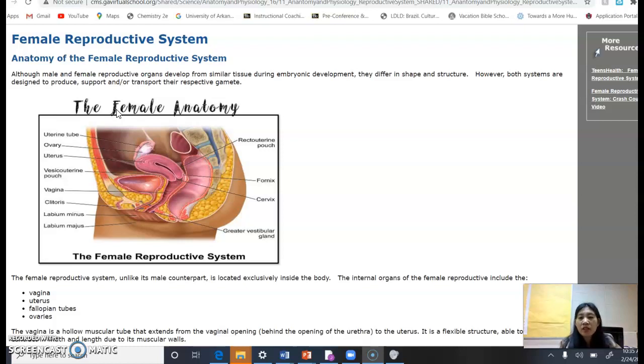The internal organs include the vagina, uterus, fallopian tubes, and ovaries. Unlike the male counterpart, which you can see outside and inside the body, the female is different.